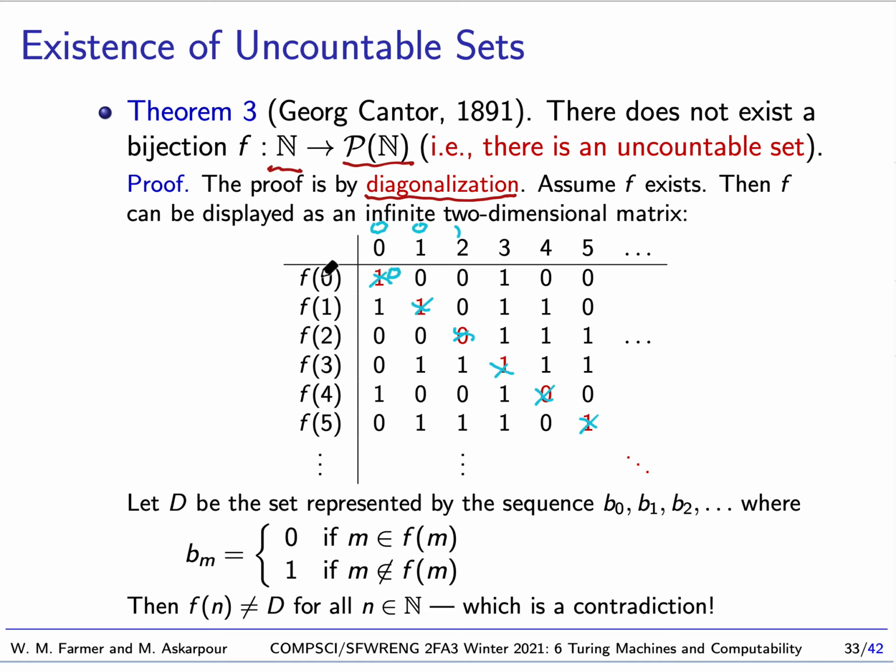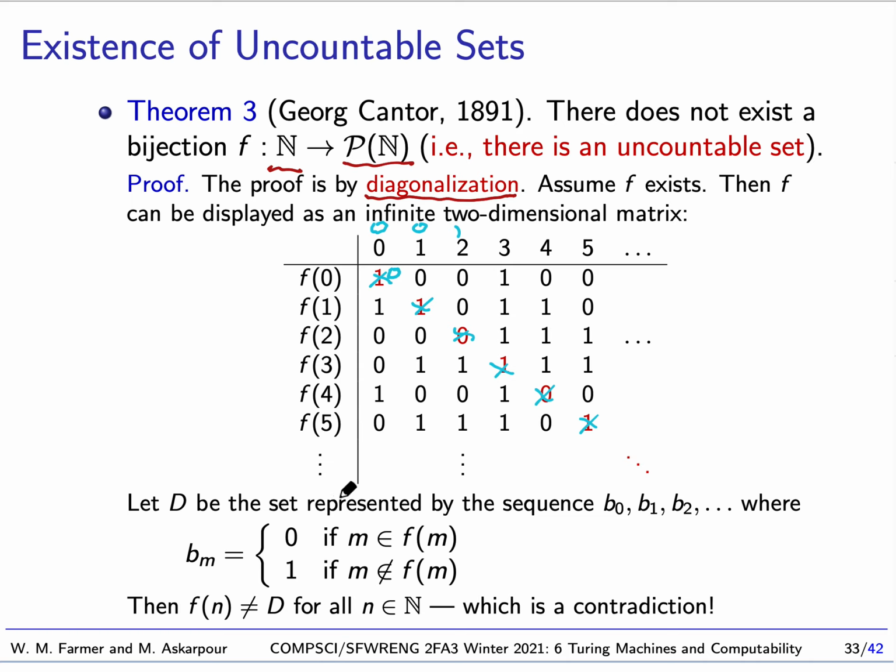But how is this possible? Because f is a bijection. Every possible subset of N is listed here. But this is a subset of N, and it can't possibly be here. Our conclusion is that there is no such f.